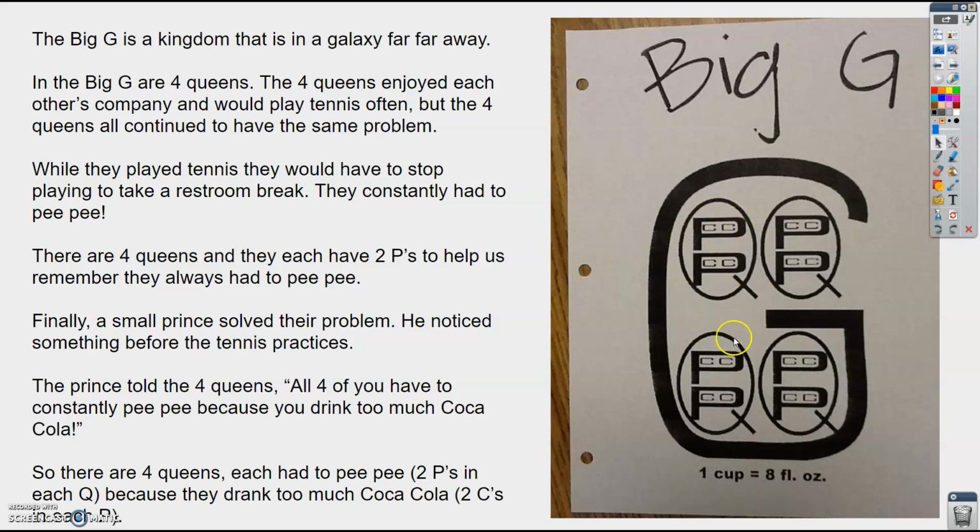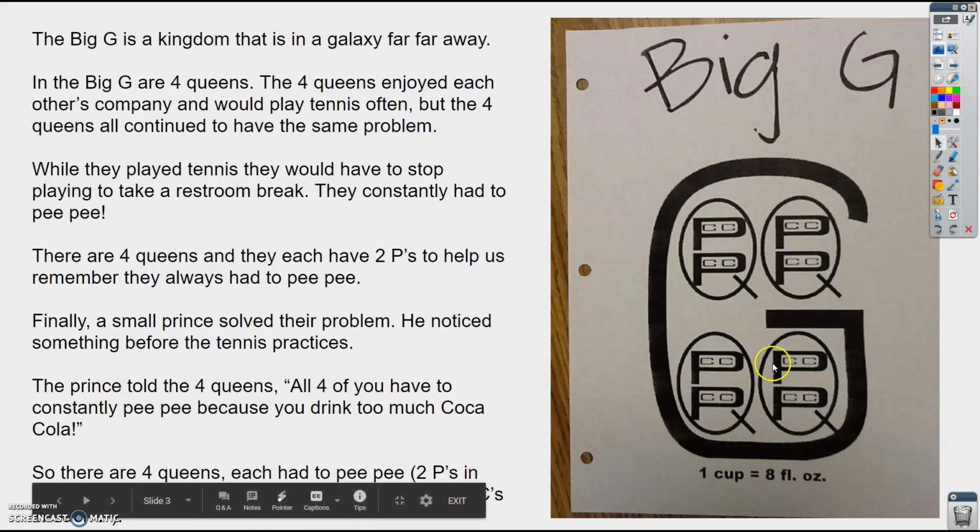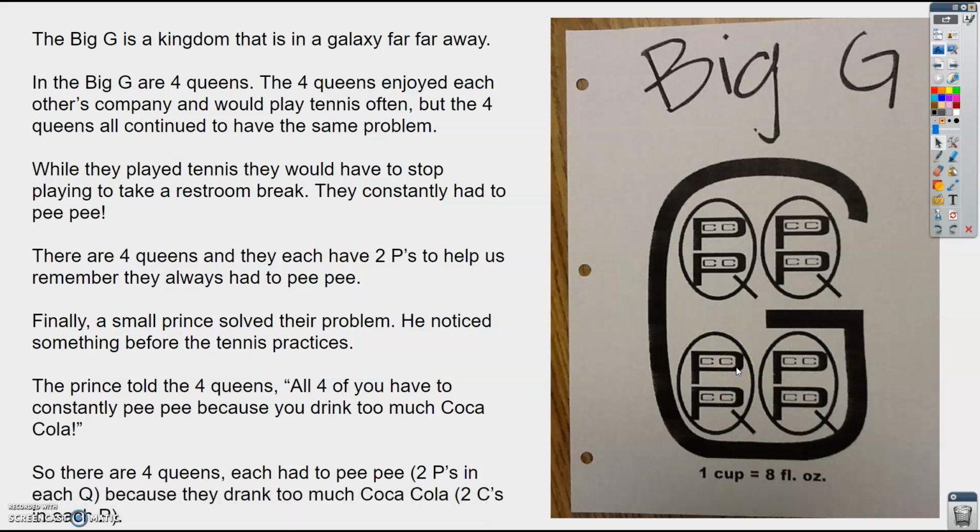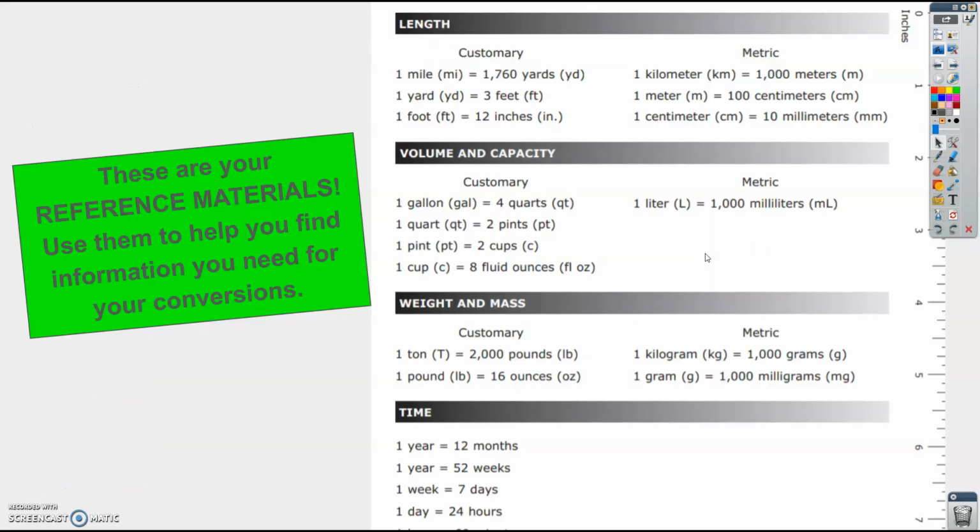So there are 4 quarts in a gallon, 2 pints in a quart, and 2 cups in a pint. So in 1 quart, we have a total of 4 cups and 2 pints. If you can draw out the big G, which is pretty easy to draw, then you can remember the connection between cups, pints, quarts, and gallons a little easier than the reference materials give you.